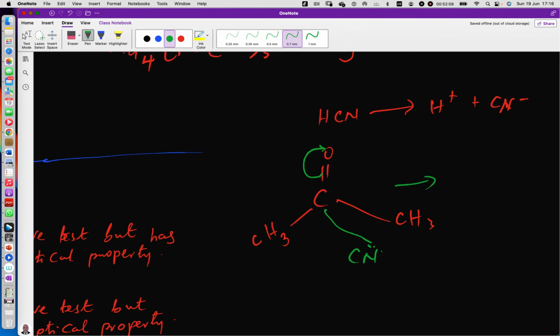Nucleophiles are electron pair donors, so they are going to donate the lone pair here. So when it comes here, there will be a positive charge and a negative charge here. So that is the mechanism here.